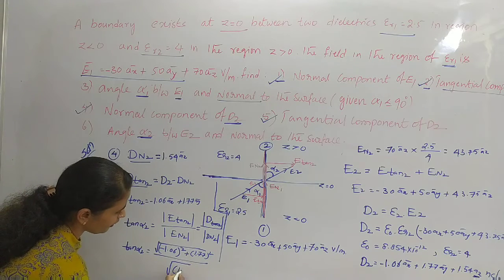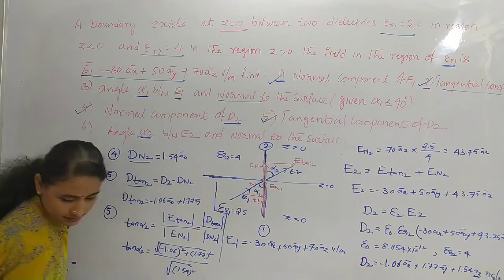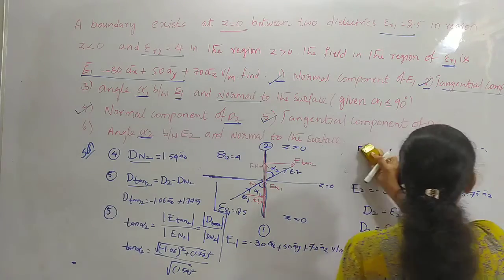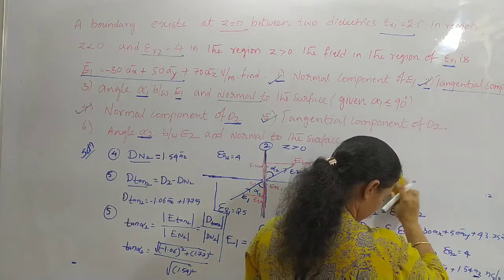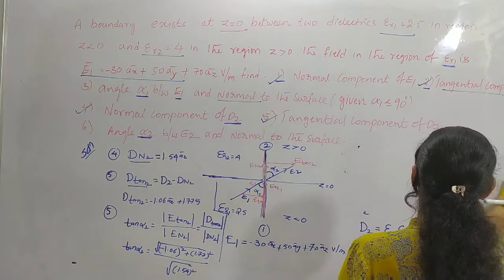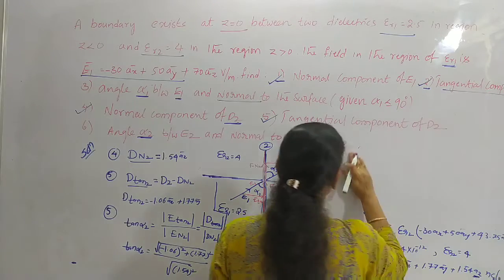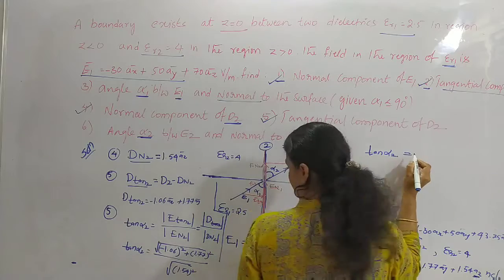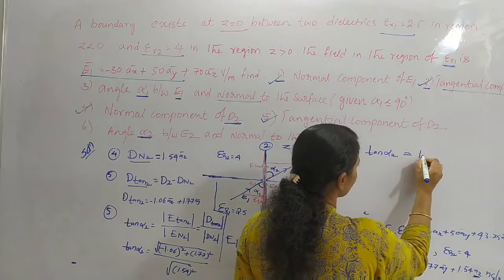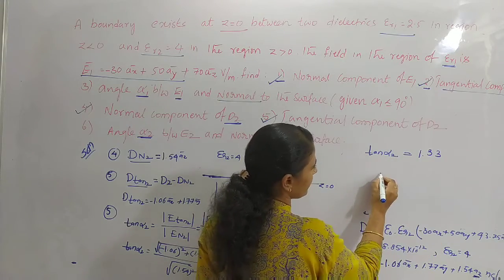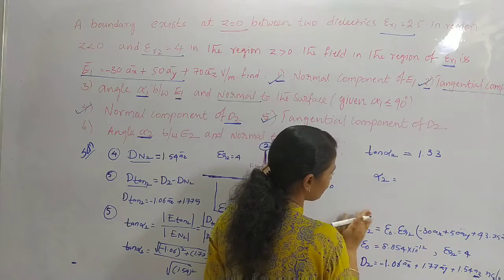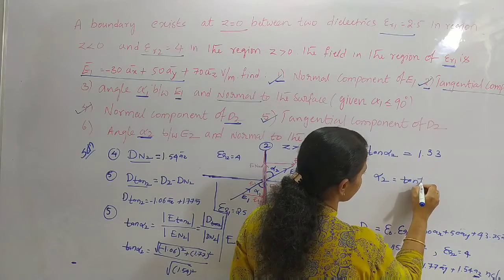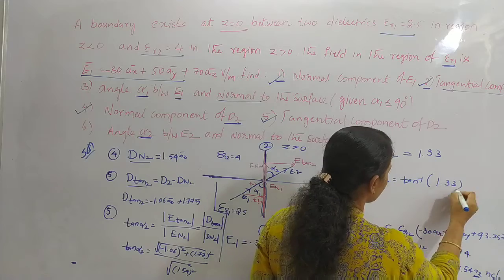What is the magnitude of dN2? 1.54 whole square. After simplifying, you will be getting tan alpha 2 as 1.33, and we are supposed to find alpha 2. So take tan inverse of 1.33.